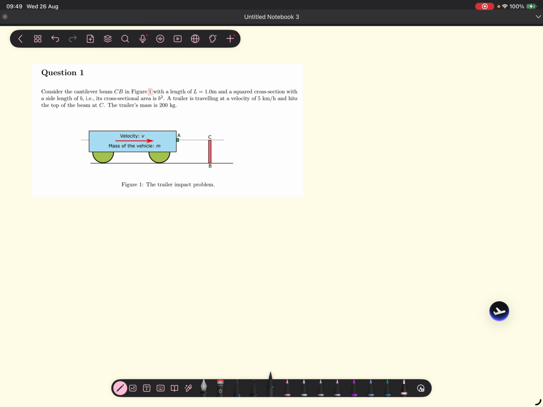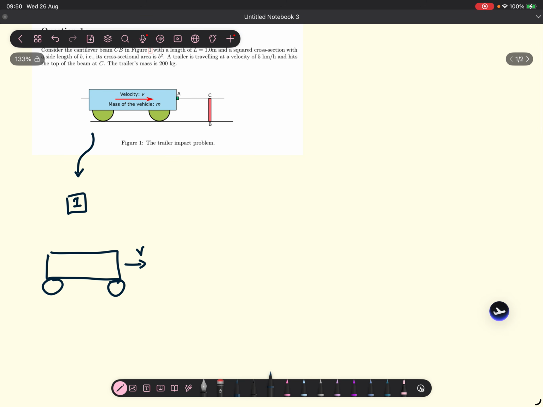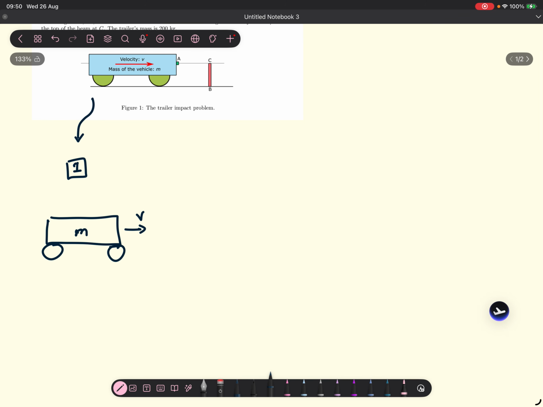So we can look at state 1. What I like to do is draw the two states together. So I have state 1 where this car or whatever is moving at some velocity v, and it has some mass, so we know that it has some kinetic energy.